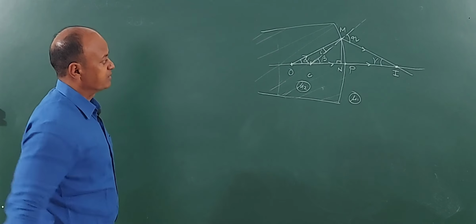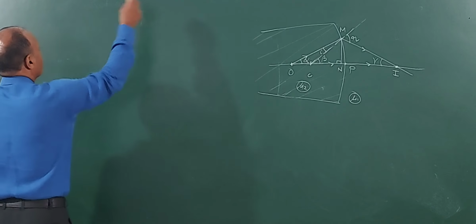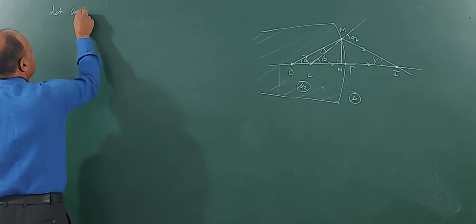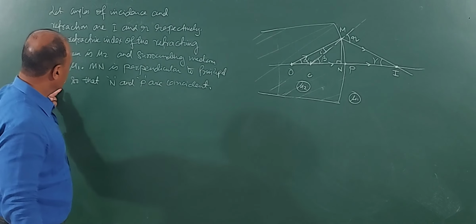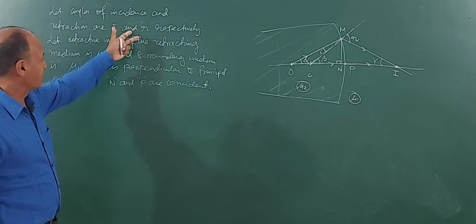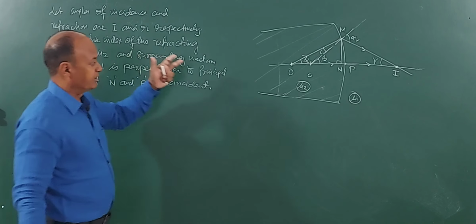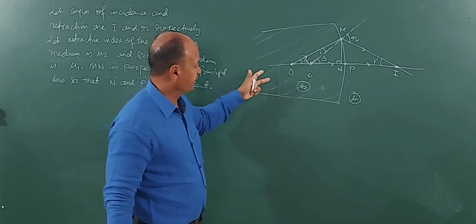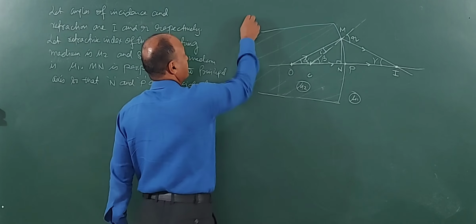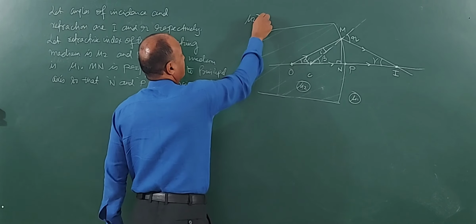Okay, so let's write about these assumptions. Let i and r be the angles of incidence and refraction respectively. Refractive index of the refracting medium is mu2, and surrounding medium is mu1, and your answer here is mu2 is more than mu1.